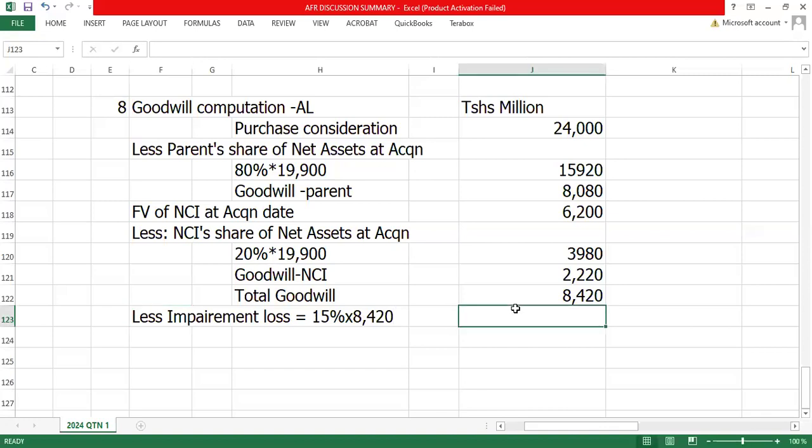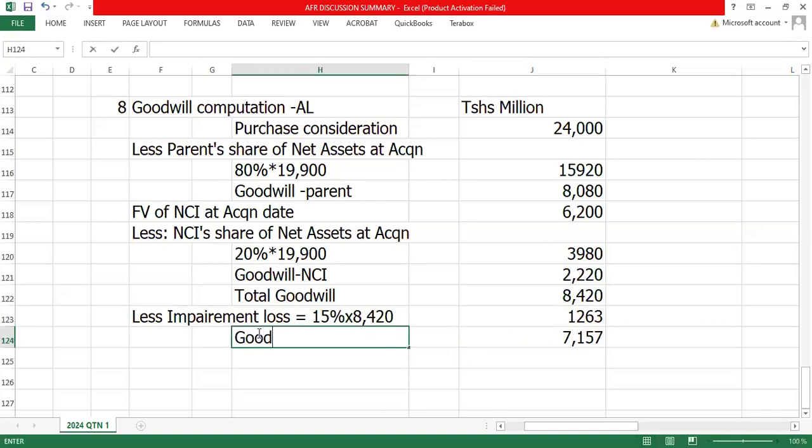What do you get? So finally, you get this minus this. That is the goodwill carried down. But this figure is in Tanzanian shillings. So you have to translate.